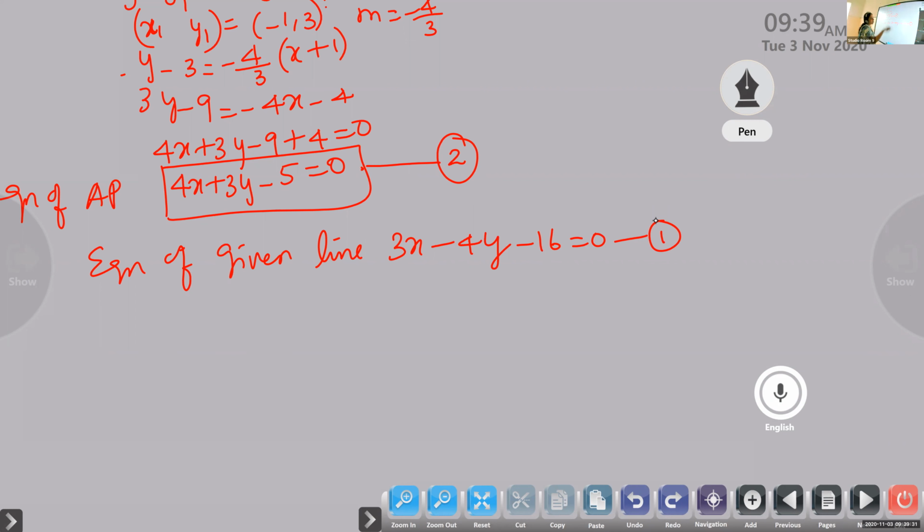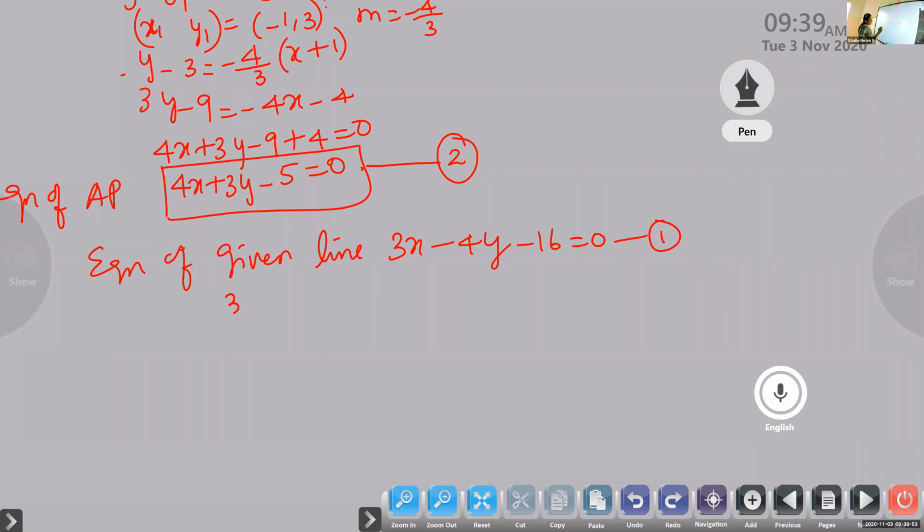Now solve these two equations, children. Either you can use the elimination method or the substitution method. Solve and find what is x and what is y. Find the point of intersection. That one will give the foot of the perpendicular.